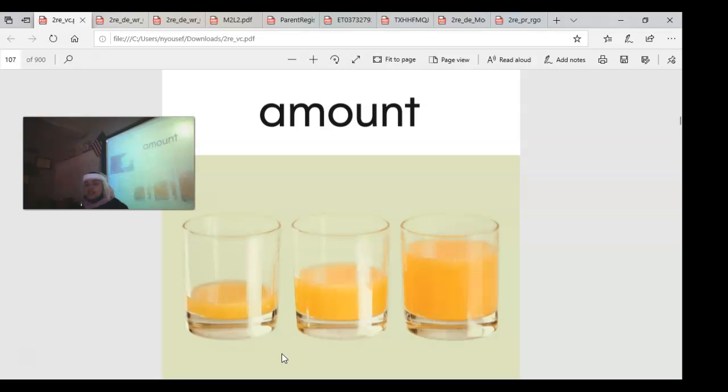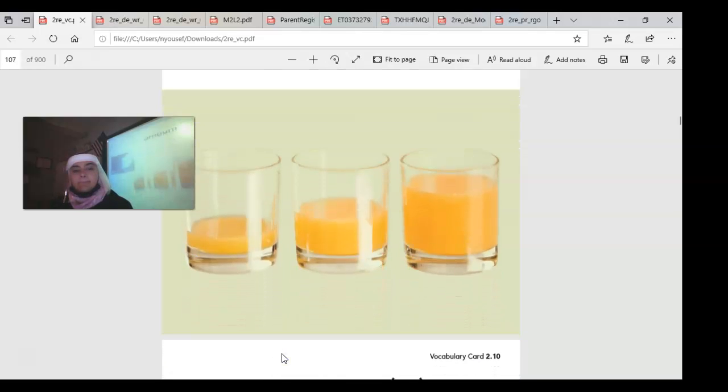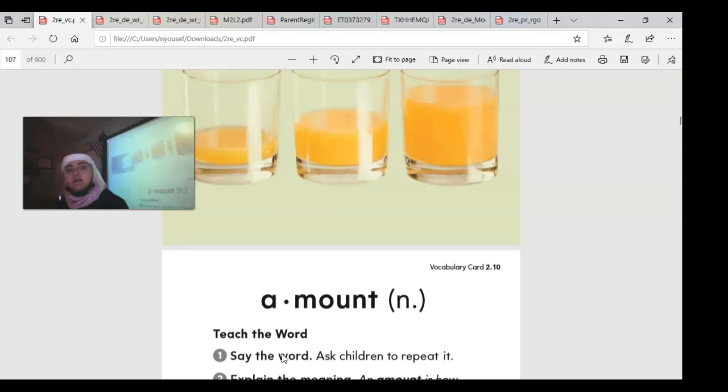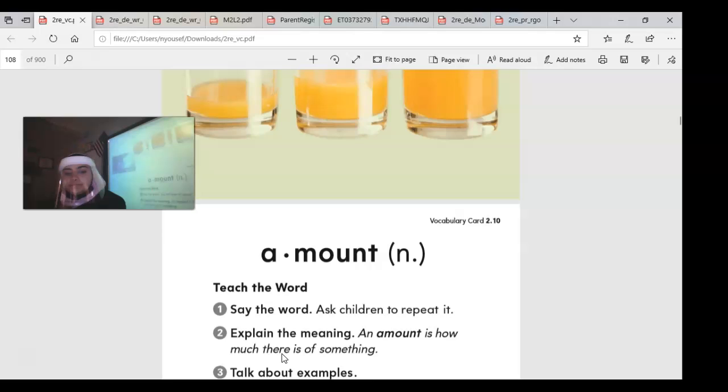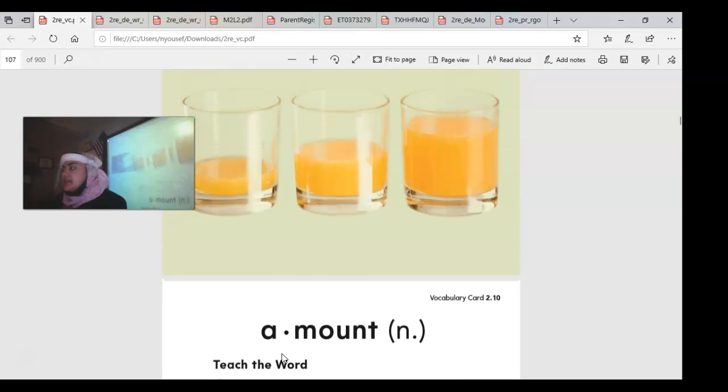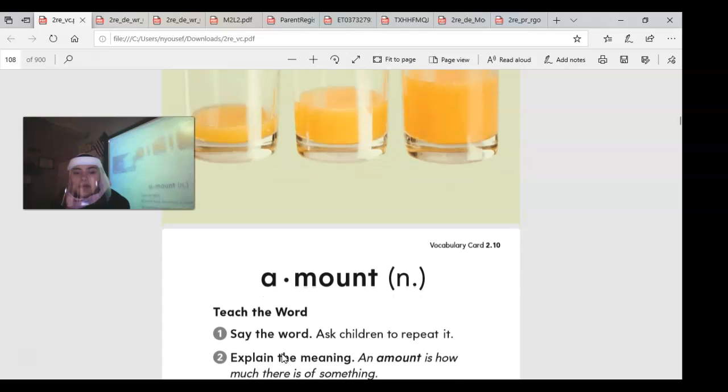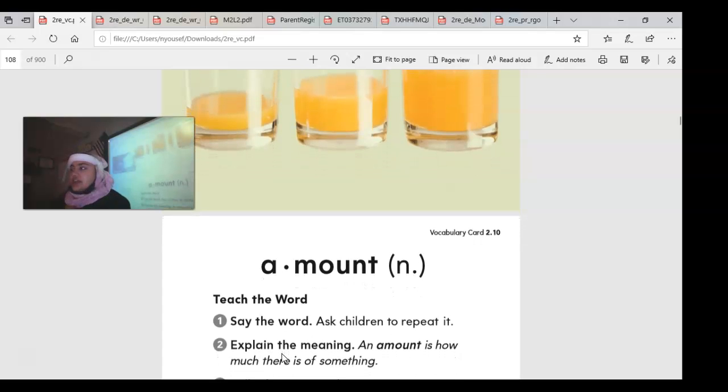Who can raise their hand and tell me what they think amount is? Destin. Okay, not really a bottle. Ramsey? Please go sit down. I'm teaching a lesson right now. Yes, Miss Ramsey? Good. So amount is how much there is of something, right?